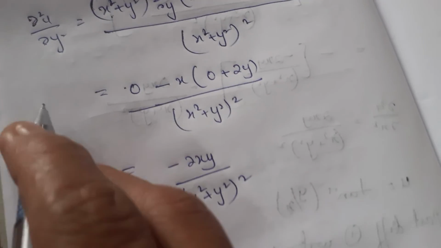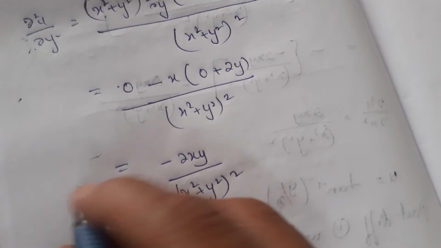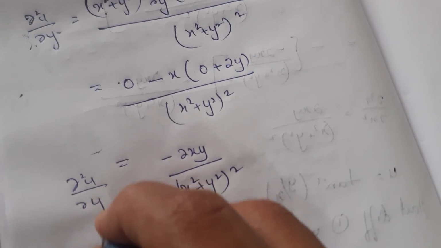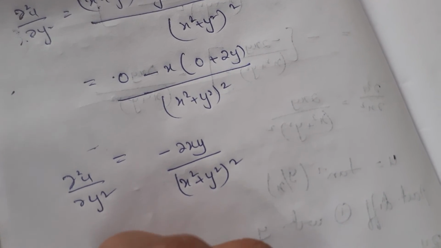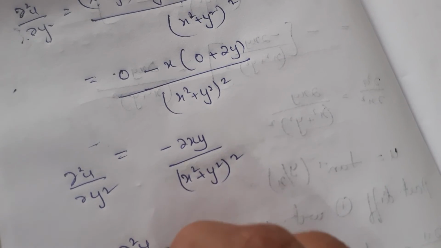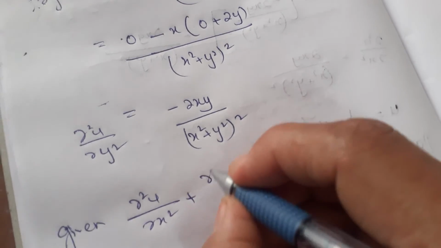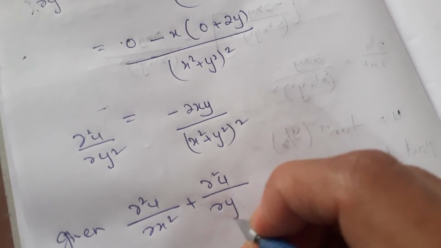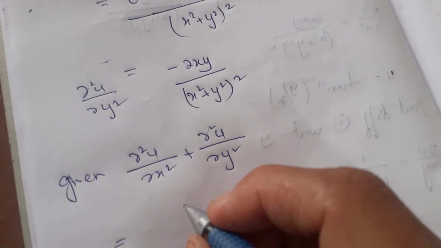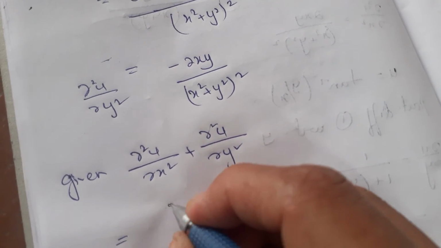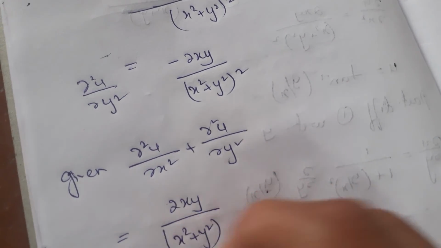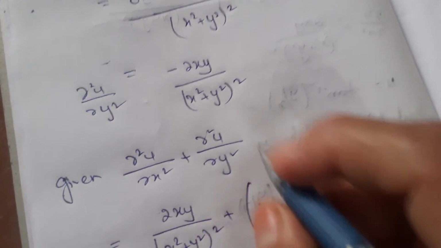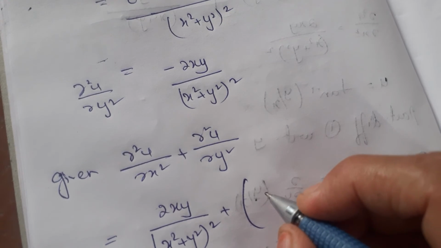So here we get dou square u by dou y square. Now it is given in the question that we have to add this dou square u by dou x square plus dou square u by dou y square. What will we get? What is the solution for dou square u by dou x square? It is 2xy by (x square plus y square) whole square, plus what is the solution for dou square u by dou y square?